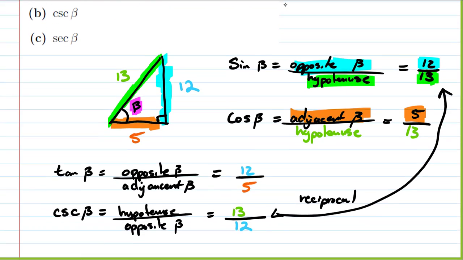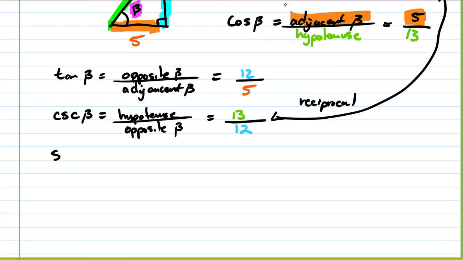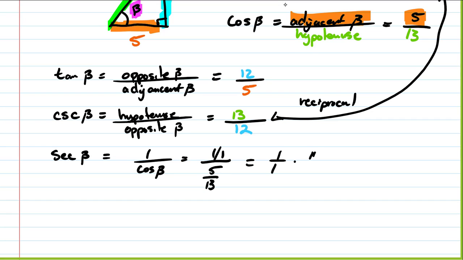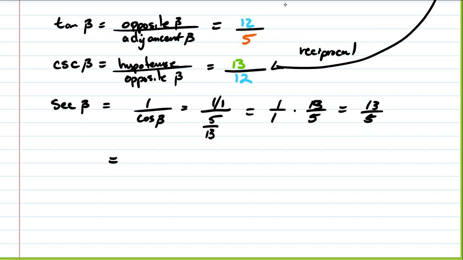And lastly, we have secant, which we knew is 1 over the cosine. And 1 over the cosine is 1 over 5 over 13. So that would be 1 over 1 times 13 over 5, which is 13 over 5. Or, directly by the definition, we know it's going to be hypotenuse over adjacent.